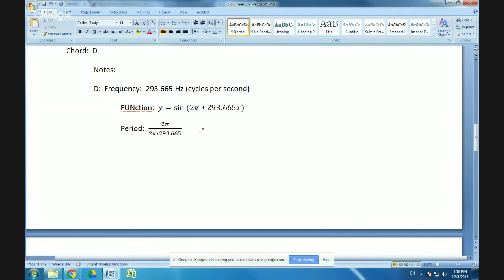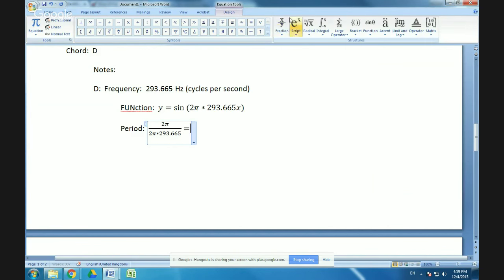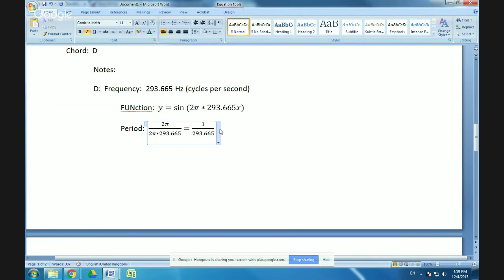I'm going to simplify that as well: 1 over 293.665. And you can also put that in decimal notation.